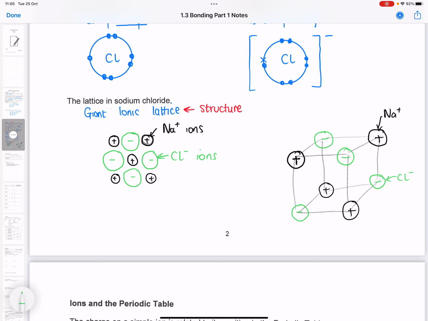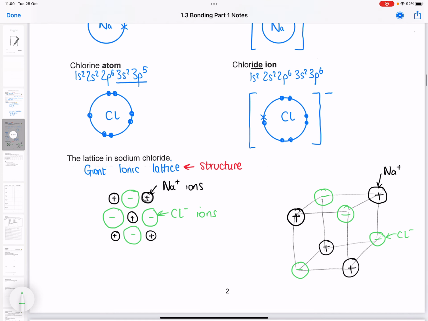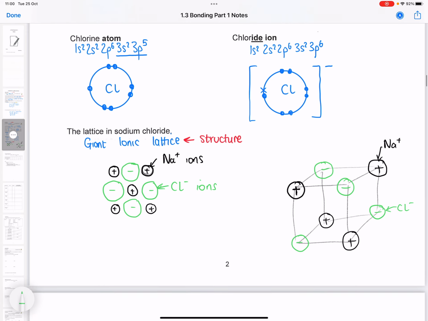It's got 1 in front, 1 behind, 1 above, 1 below, 1 to the left, 1 to the right. So it's got 6 all around it. So this is a giant ionic lattice. So we had metallic bonding, giant metallic lattice of positive metal ions with delocalized electrons, giant ionic lattice, positive and negative ions attracting each other, opposite ions next to each other.